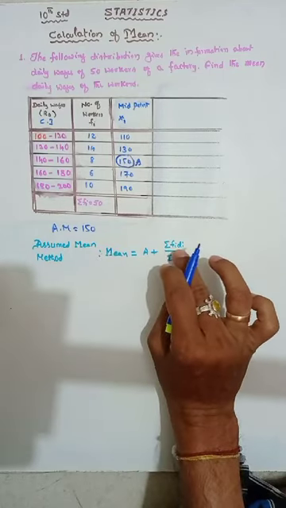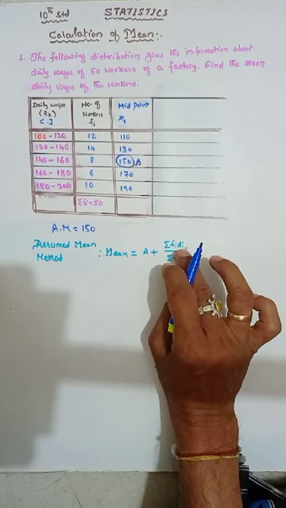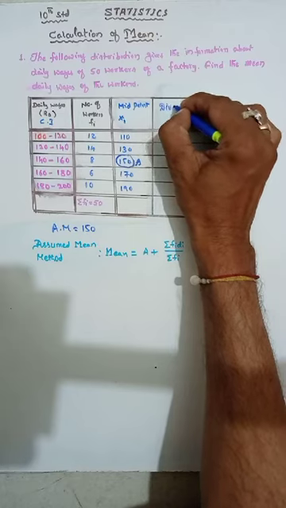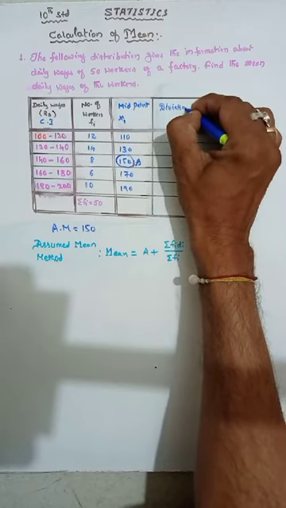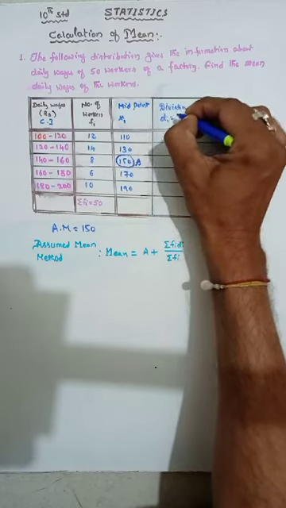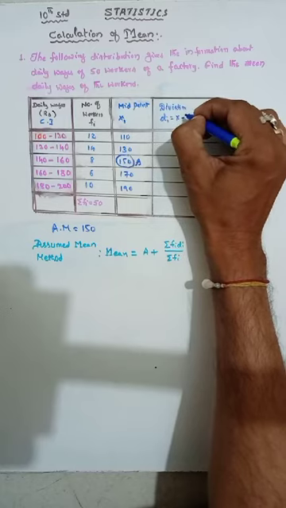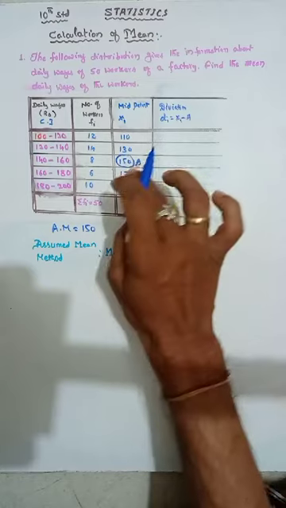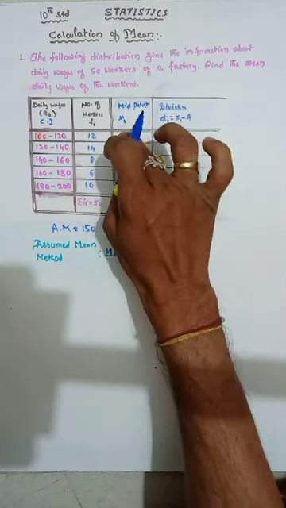Now in the formula, deviation is there, no? What do you mean by d here? That is the deviation of each score. Deviation is given by di is equal to xi minus A, where A is 150 and xi is each score.